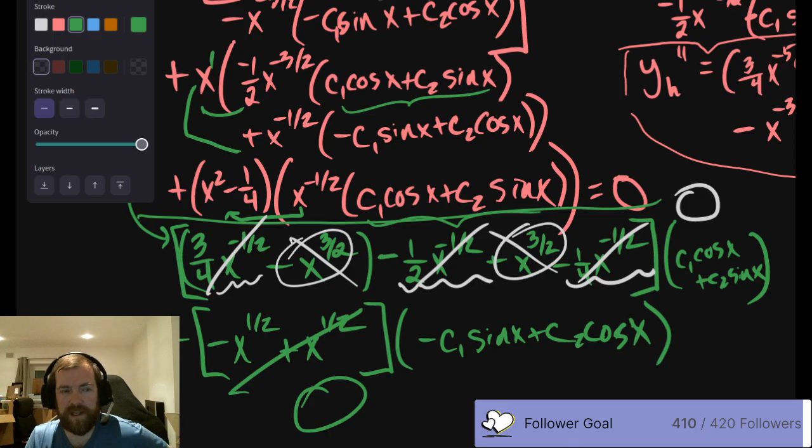This verifies that any part of that solution, with C1 and C2 just being generic, is going to cause us to be able to have this homogeneous solution, which always ends up getting us 0, no matter what the values of C1 and C2 are, which is just really cool.